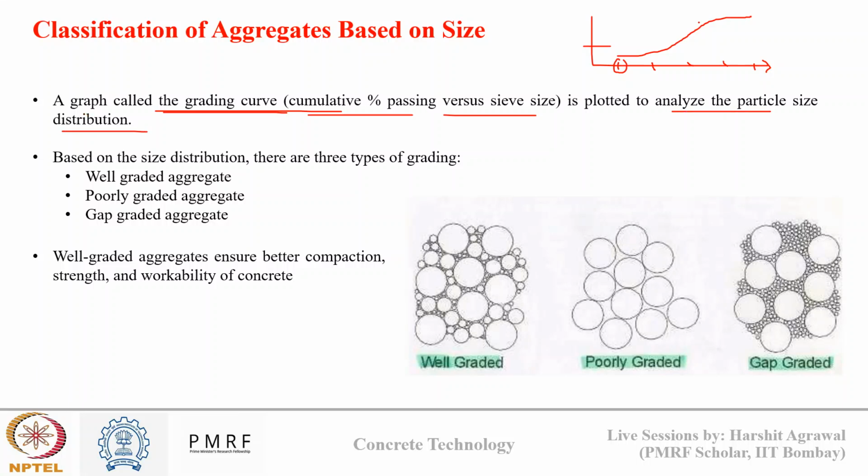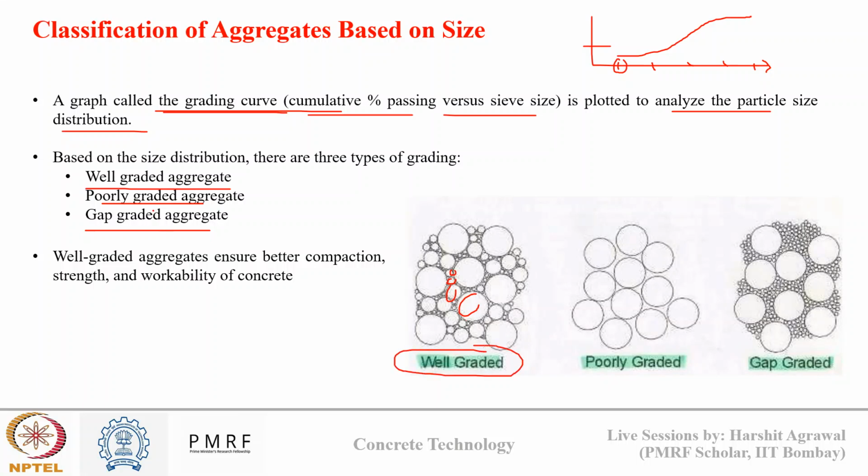Based on the type of grading that we obtain, there can be three aggregate types: well graded, poorly graded, and gap graded. In well graded, there is a mixture of big aggregates, small aggregates, smaller aggregates, and smallest aggregates. So if there is a good mixture of different sizes of aggregate, then we say it is well graded.